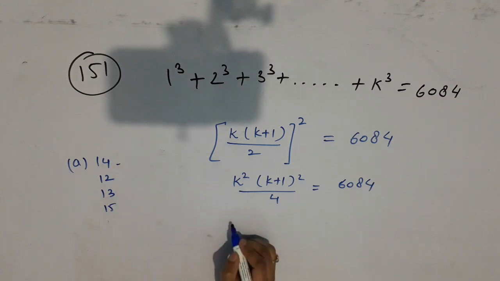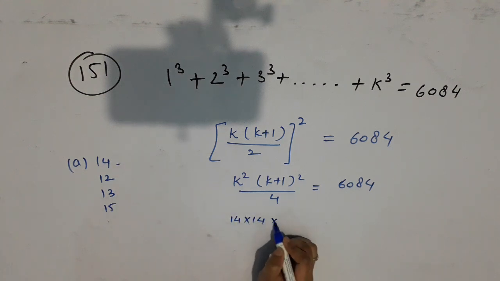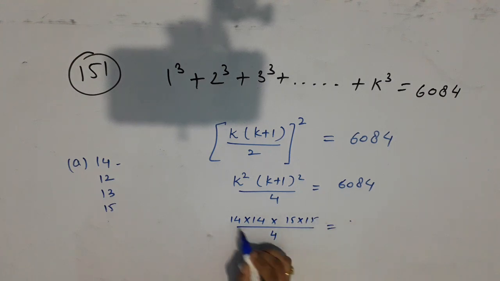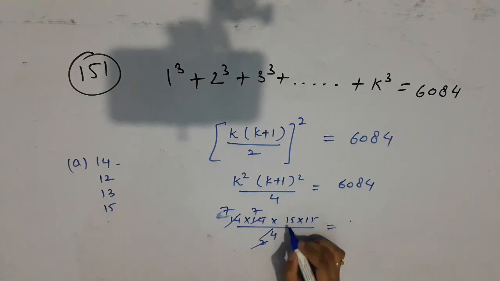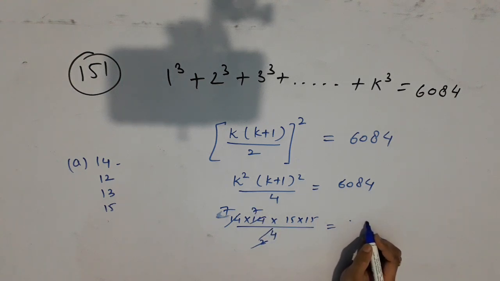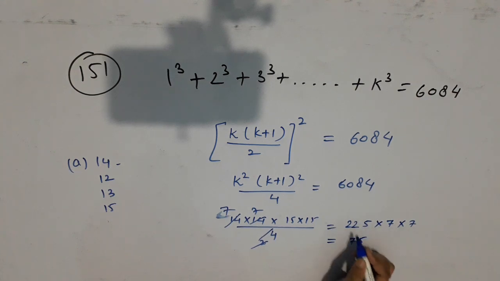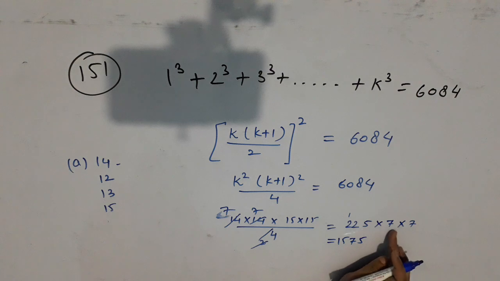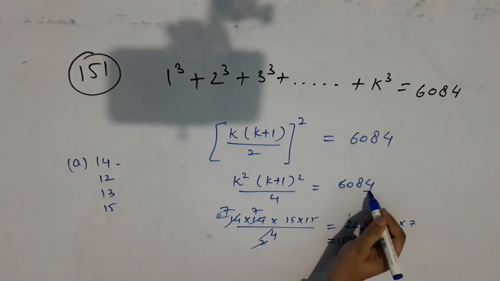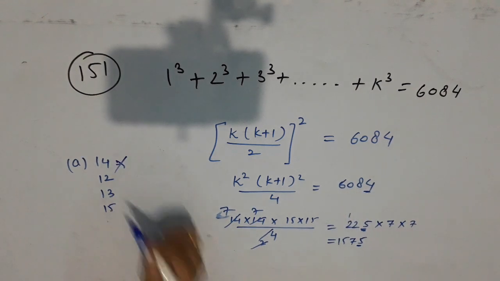So let's take the first option, 14 into 14 into 15 into 15 upon 4, which is equal to 7 into 7 into 225, that is 1575. Now you can see that you will get 5 in the unit place, but here we want 4. So this option is not possible.